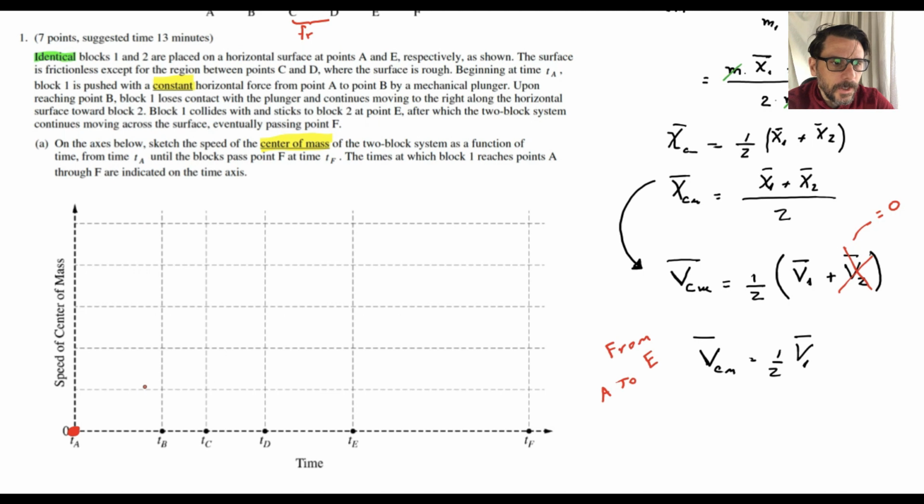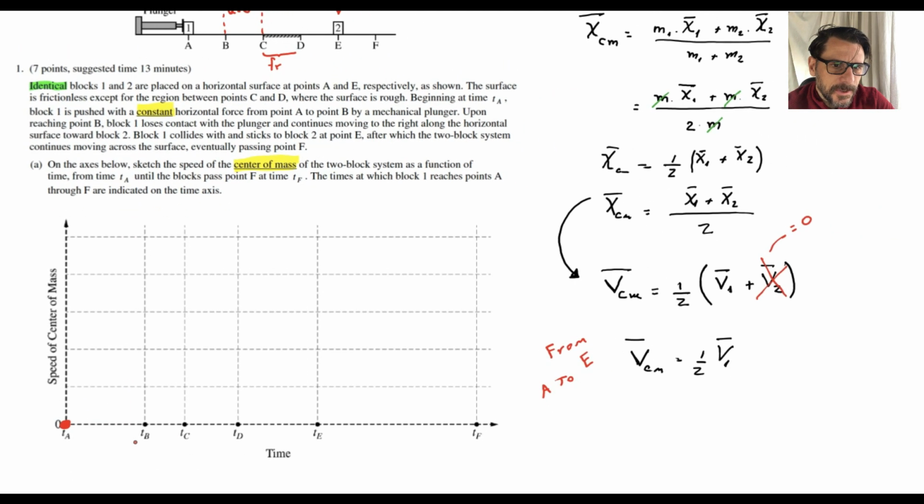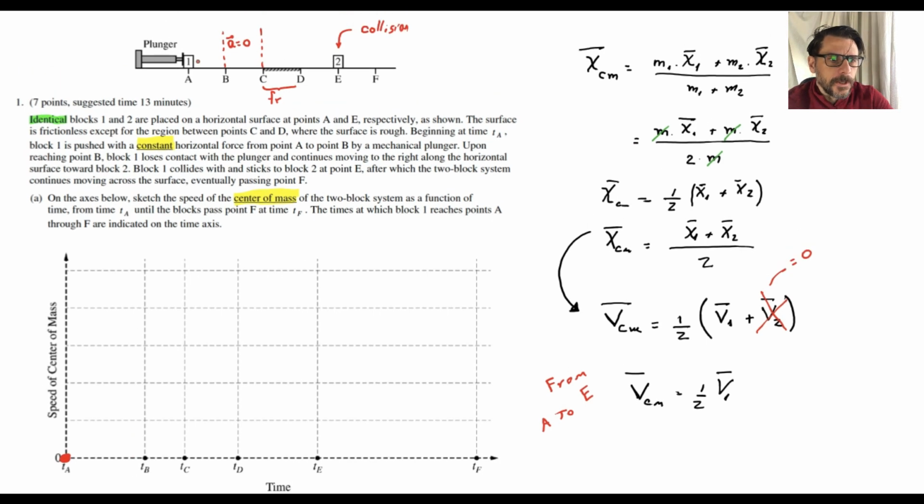So what happens between point A and point B? Well, let me zoom out just a little bit. That's it. Okay, between point A and point B, there was a constant force. A constant force will produce a constant acceleration. Now, that would not happen if instead of having a plunger, we were given a spring, right? Because springs are able to push, but when springs push, they do it with variable forces, and variable forces will produce variable accelerations, which is not the case in here.